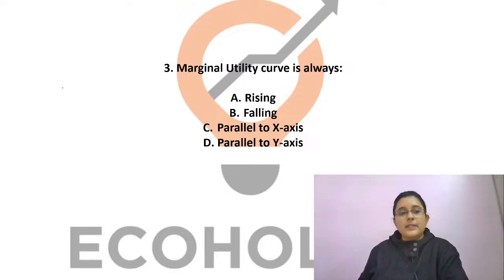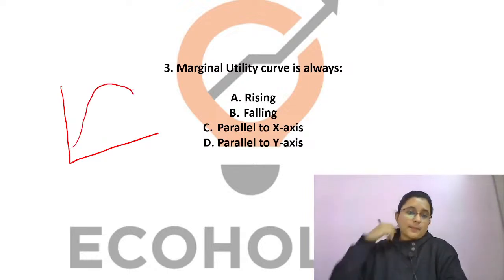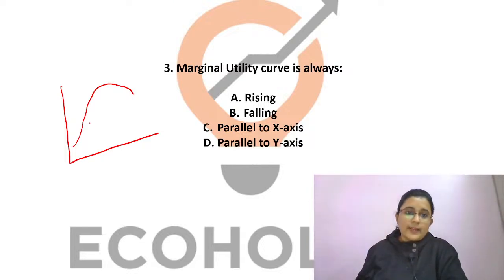So for attempting such questions, you should always draw a diagram. Suppose this is my total utility curve. If I have to draw the marginal utility curve, how will I draw it? It will be something like this. This is my MUx, this is my TUx.